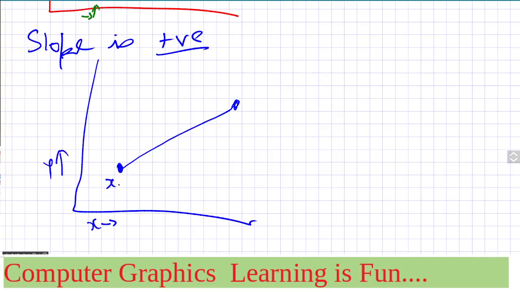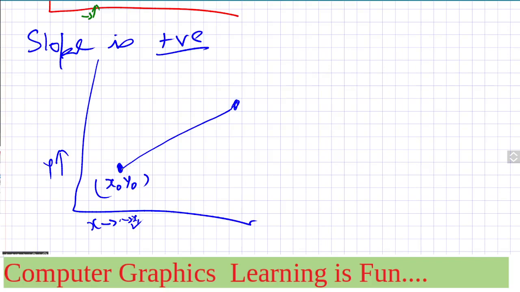Let me call it x naught, y naught. Then we will move from the position x naught to x1, that is x naught plus 1. For this position, now we have to decide which y value should be chosen, isn't it?